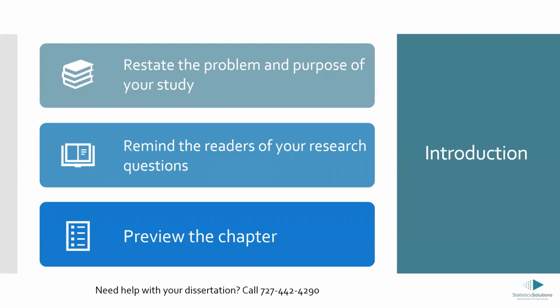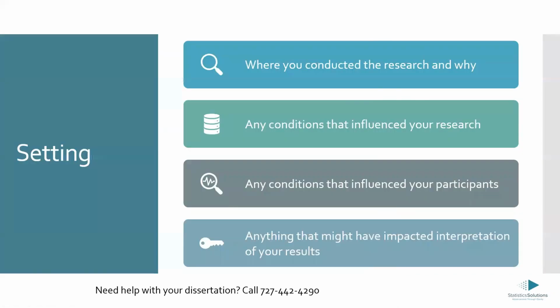So once you've done that, then there's usually a section on the setting, the research setting. And so you may have talked about this also in your methods chapter. And if that's the case, that's totally fine and normal. A couple of these early sections that you'll include in the results chapter should look familiar.